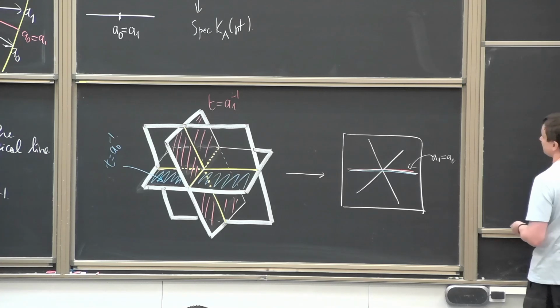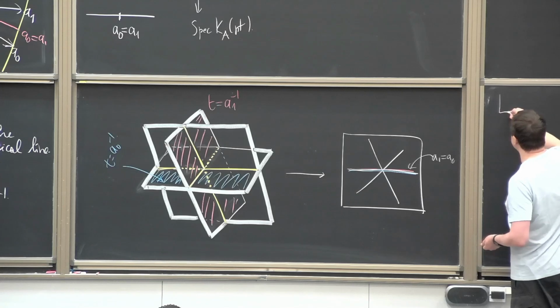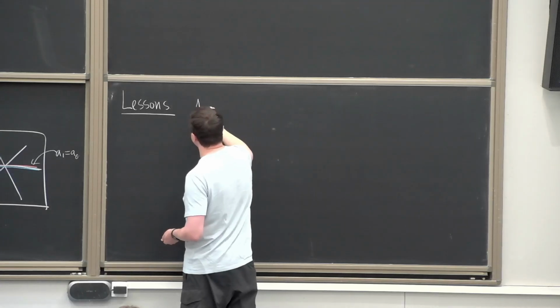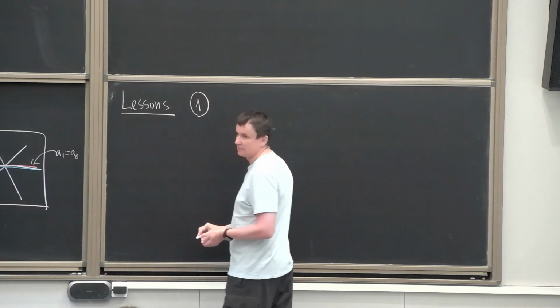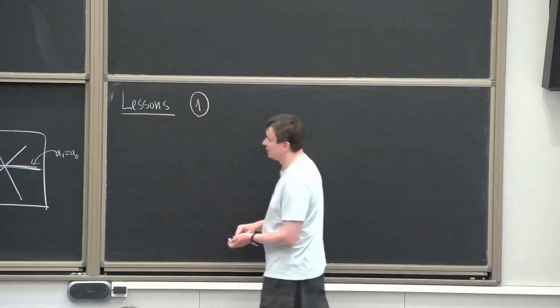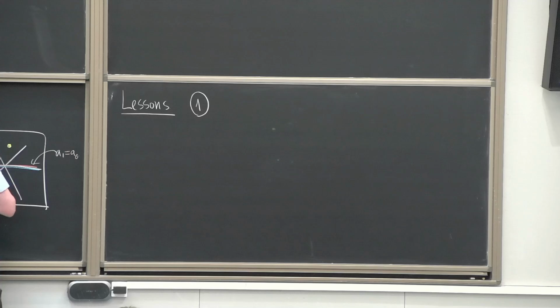Okay, so lessons from this. It has several important lessons. The first lesson is that if I have some point here, some point in the base. In the case of K theory, the base is actually the torus, the spec.